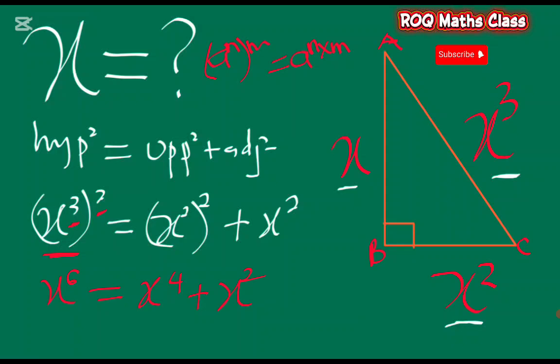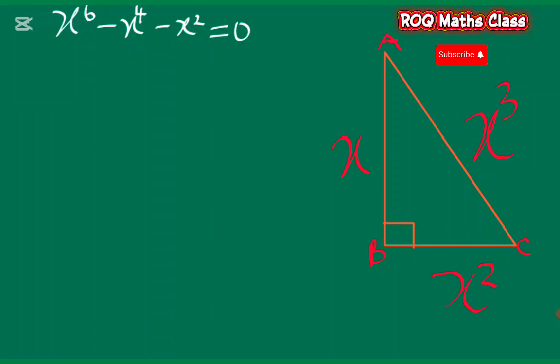So this can be written as x to the power of 6 minus x to the power of 4 minus x to the power of 2 equal to 0. So we can factor out x to the power of 2.